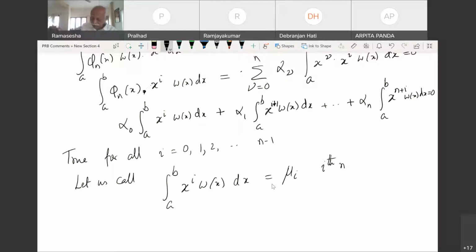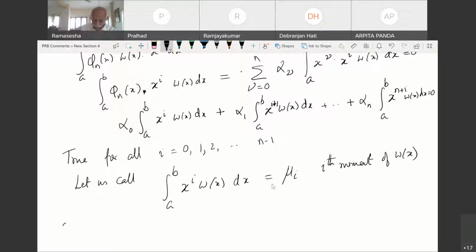You remember when you were taking averages, i equal to 1 used to be the average: sum over i of x sub i divided by n was the average, and similarly you had the variances and higher moments. So basically this is the moment mu i.